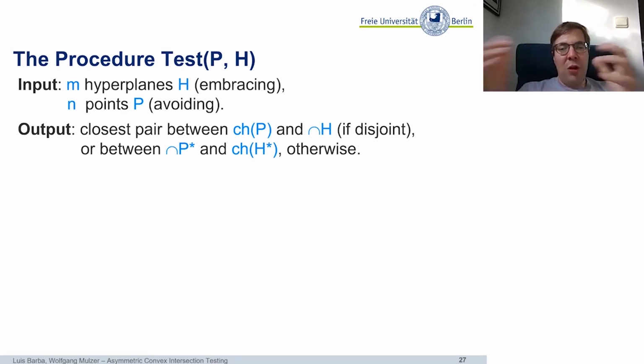And if they do not intersect, we want to find the closest pair, I mean, the point that minimizes the distance between the two polytopes if they're disjoint. And if they do intersect, then the polar polytopes do not intersect, and we want to have a closest pair for these polar non-intersecting polytopes. So this will be a certificate of intersection.